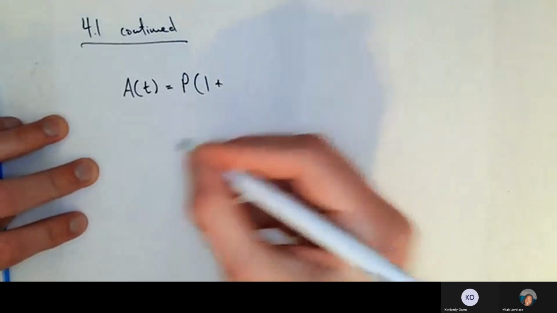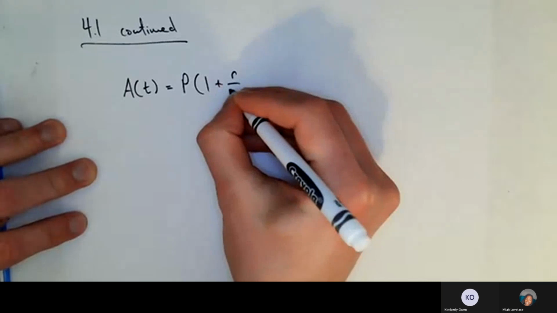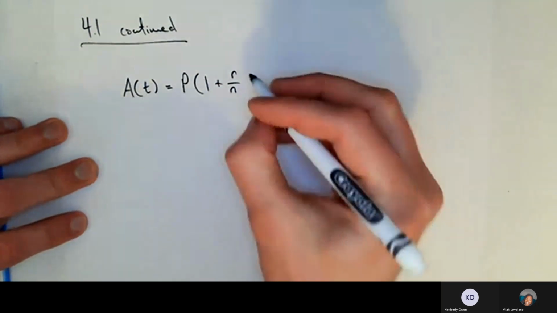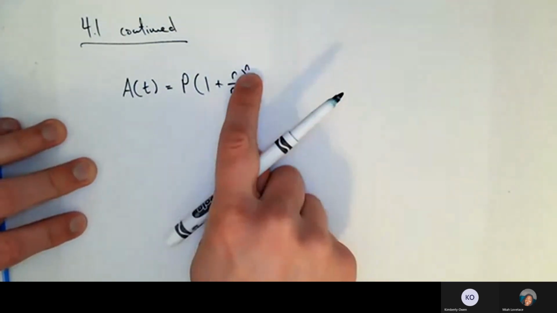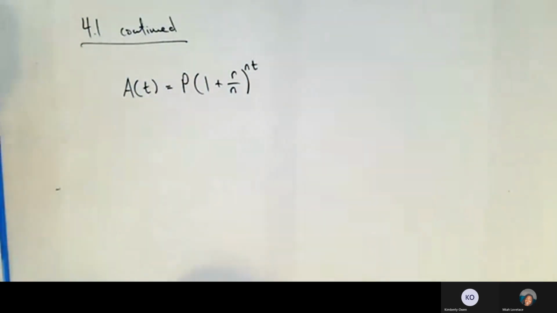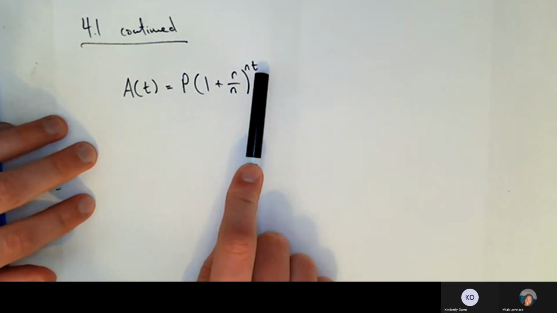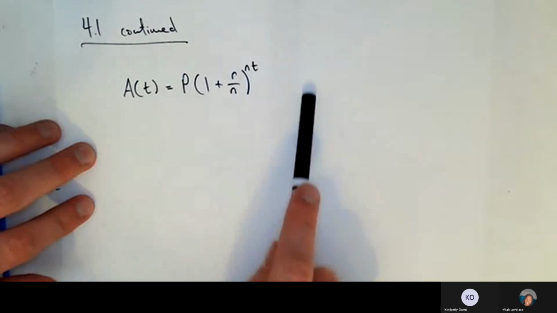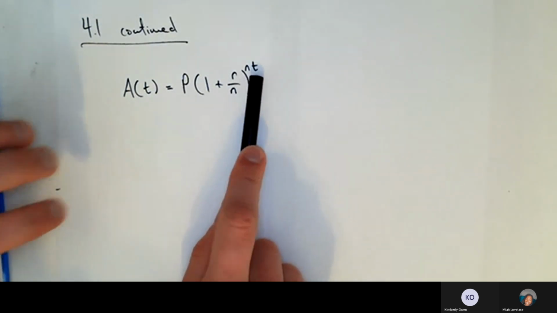You've got this weird relationship with the rate of interest, R, over the number of times the interest is compounded per year, n, all raised to the n times t. So finally, the variable t is up in the exponent position, hence why this is considered an exponential function, because the thing that is varying is up in the t position.